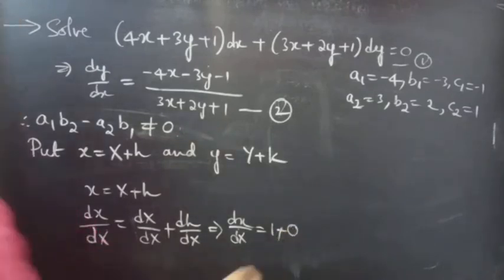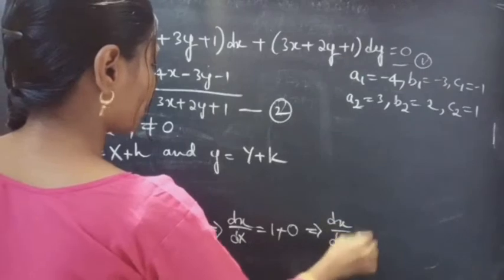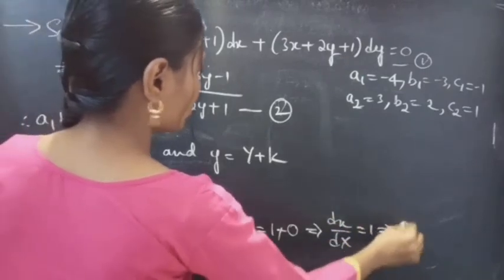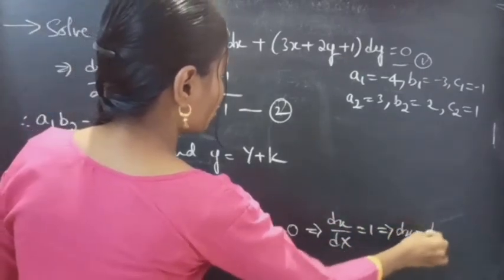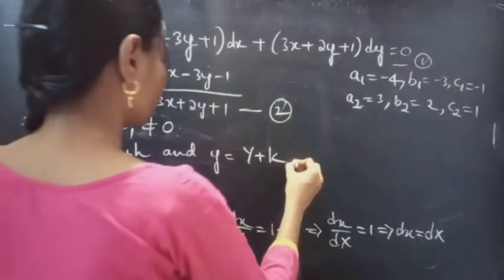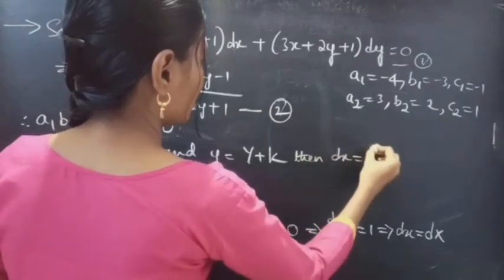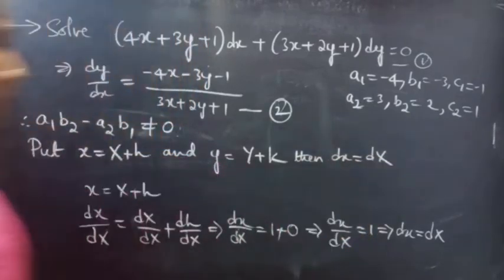So from this we'll get dx by d capital X equals 1. From this, d small x equals d capital X, right?